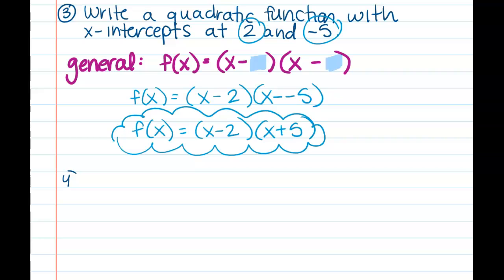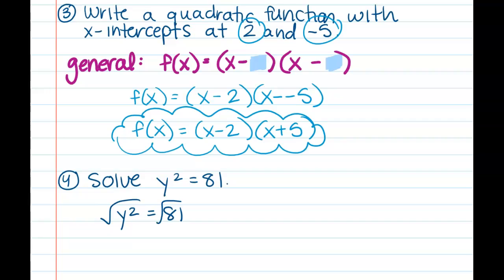Okay, let's solve y squared equals 81. Gut instinct might be 9, and you're half right. So if we literally solve this, y squared equals 81, if we take the square root of both sides, know that every even root has a positive and negative piece. So technically y is plus or minus the square root of 81.